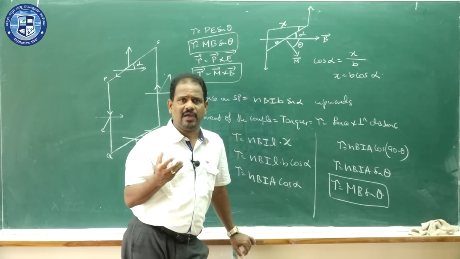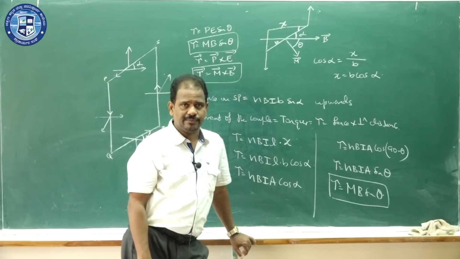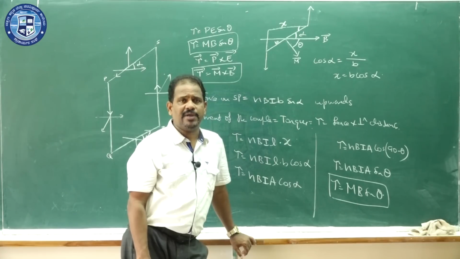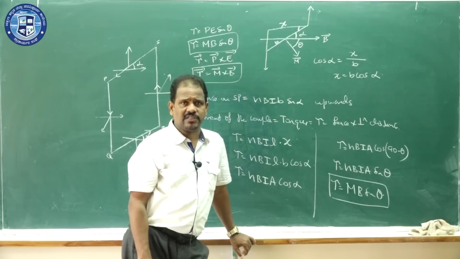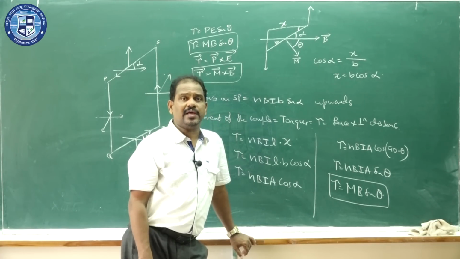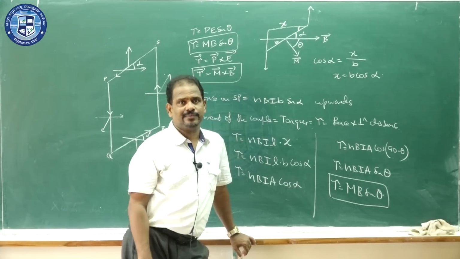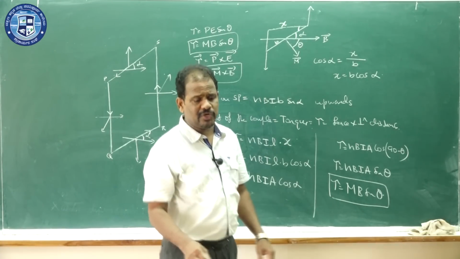When it is kept in a magnetic field, it experiences a torque, and the torque is given by the formula tau is equal to MB sin theta, where M is the magnetic dipole moment, B is the magnetic field, and theta is the angle between the magnetic field and the magnetic dipole moment. Or we can say the angle between the magnetic field and the perpendicular to the coil.